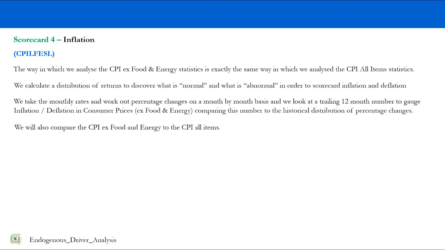We take the monthly rates and work out percentage changes on a month-by-month basis, and we look at a trailing 12-month number to gauge inflation or deflation in the consumer prices X food and energy, comparing the number to the historical distribution of percentage changes. We will also later on compare the CPI X food and energy to the CPI all items to see what key differences we can spot.